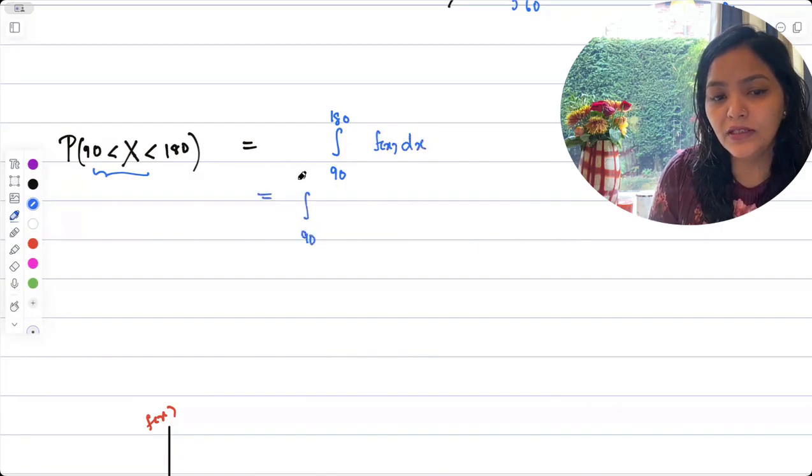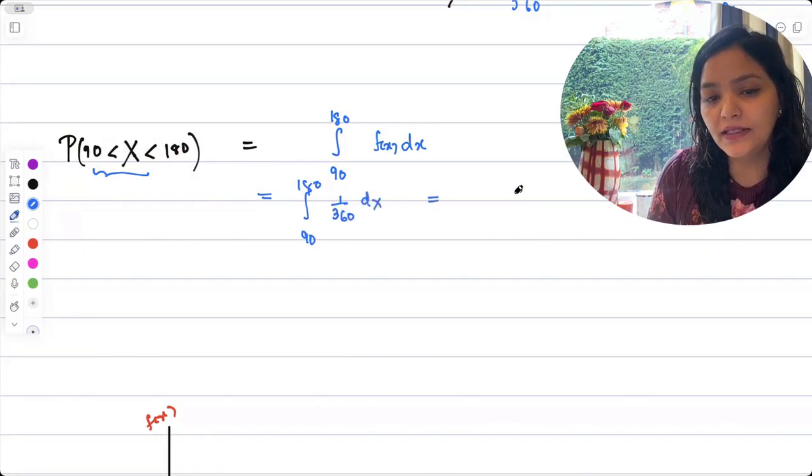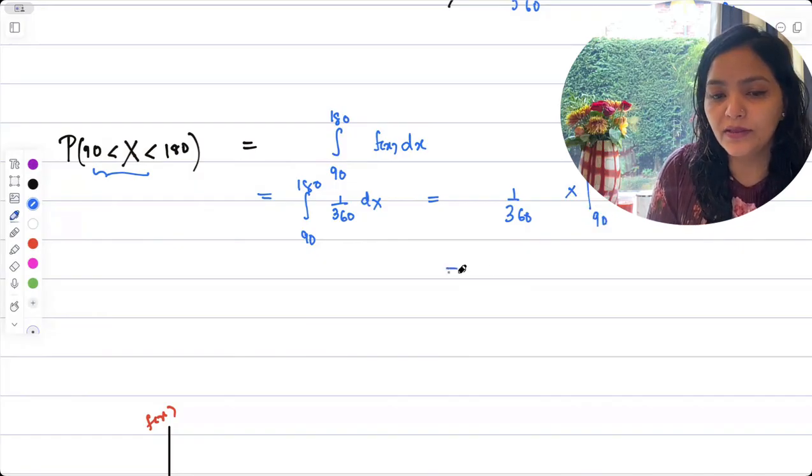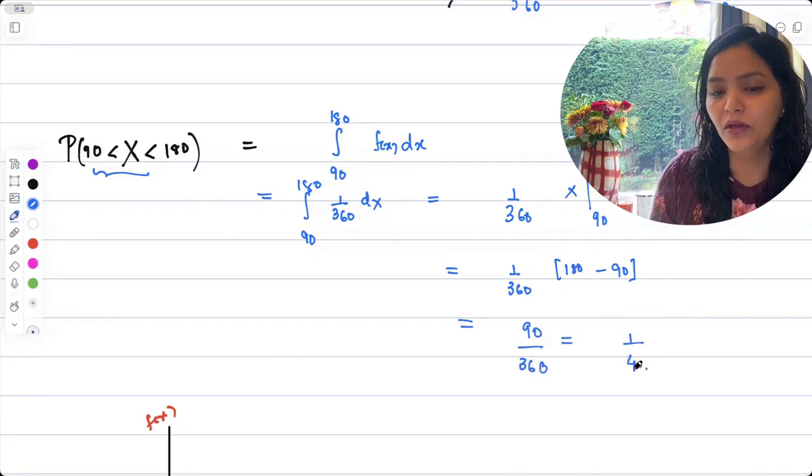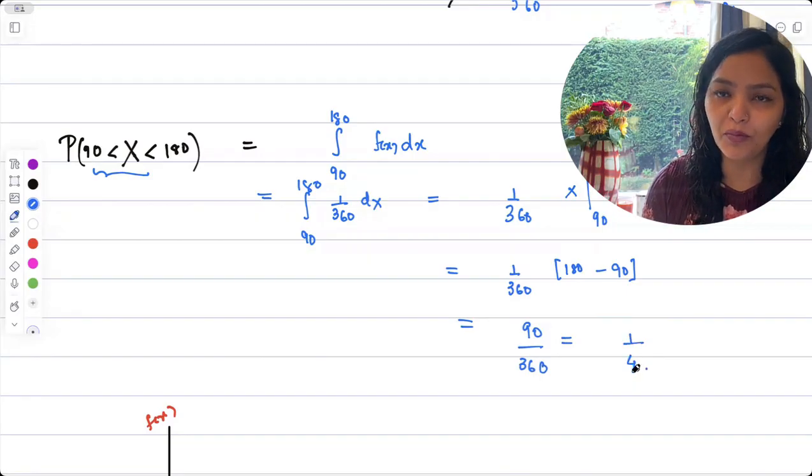So 90 to 180, 1 upon 360 dx. So that is equal to 1 upon 360 outside, x, where 90, 180 are the bounds. So 1 upon 360 times (180 minus 90), that is 90 upon 360, that is 1 upon 4. 1 upon 4 would be the probability.